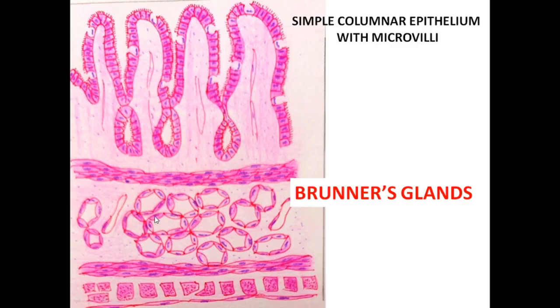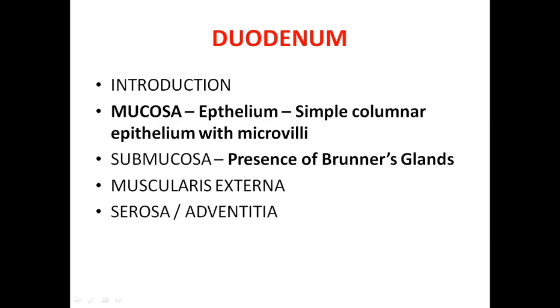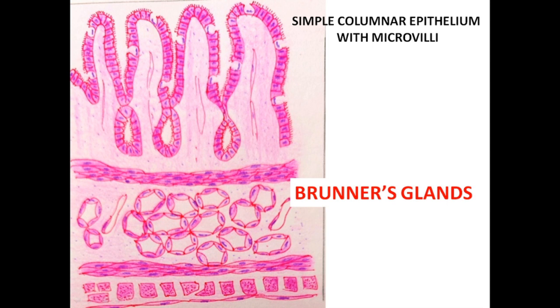So if you see the schematic diagram, you can see the epithelium. This is columnar epithelium with scattered goblet cells. These are the crypts of Lieberkühn. And if you look here, at the apex of these cells, these are the microvilli. So these are the villi. The foldings are called the villi, and over the foldings, these individual cells also have finger-like projections.